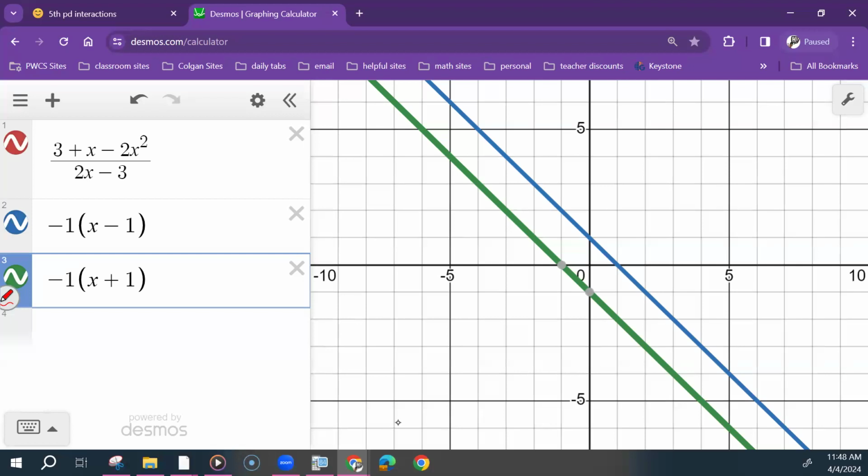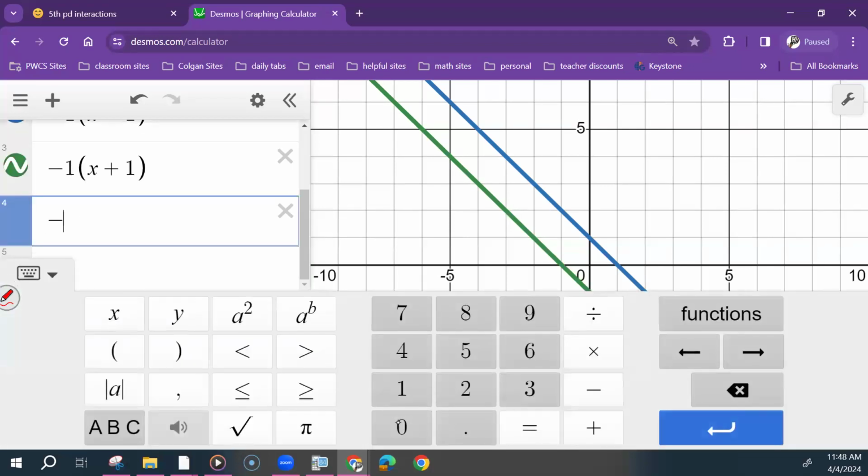So you could, let's say you rearrange this, put it in standard form, that would be -2x squared plus x plus 3. Factor out the -1. So let me show you what I was talking about.